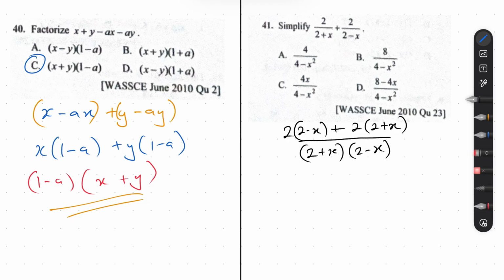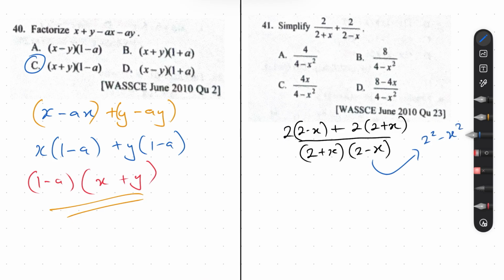Now if you look at it, you can see that the denominator here is a difference of 2 squares. Is it? Yes, it is a difference of 2 squares, because we can have this to be 2 squared minus x squared.